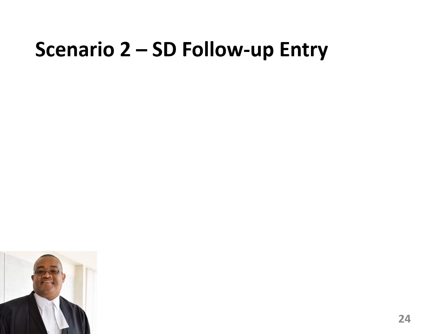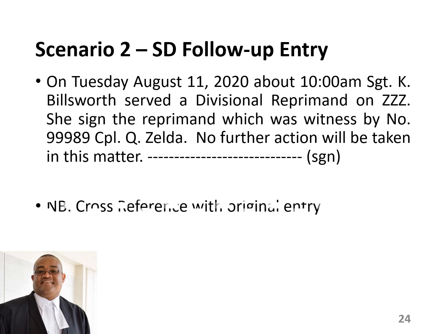We will now look at your entry that you made and compare it to this draft that was done. So the entry reads as follows. On Tuesday, August 11, 2020, about 10 a.m., Sergeant K. Billsworth served a divisional reprimand on, and you put the name of the defaulting member.